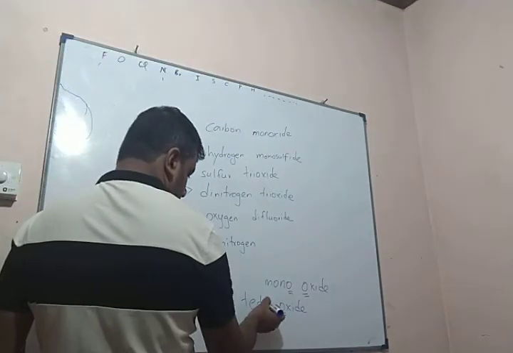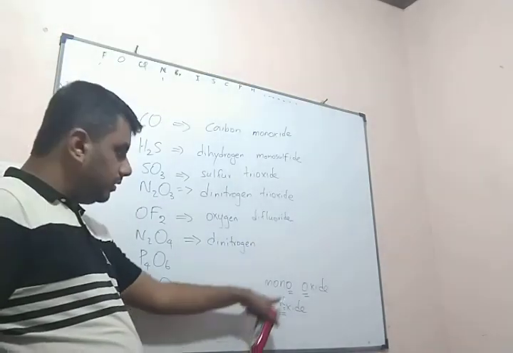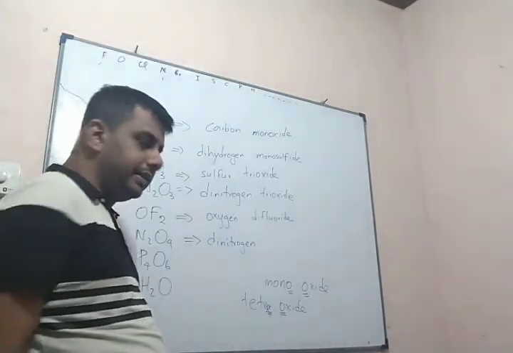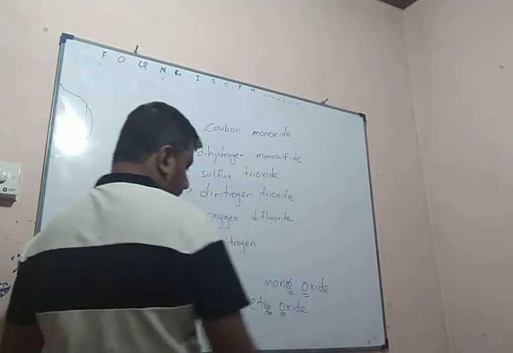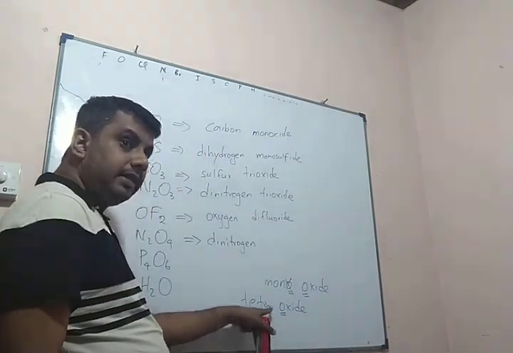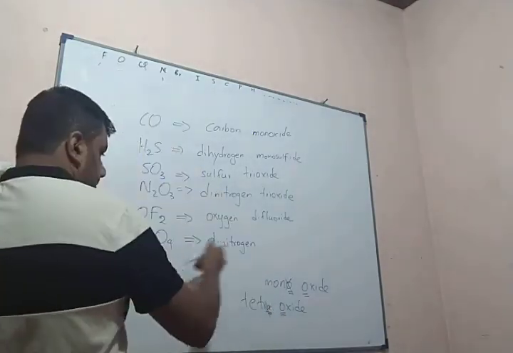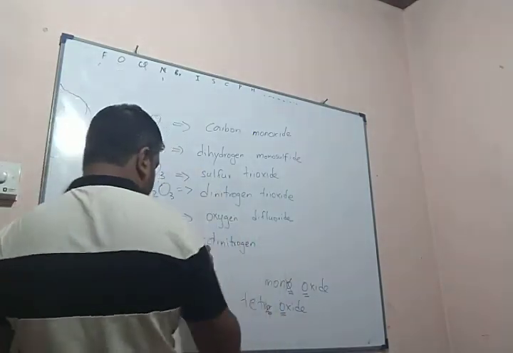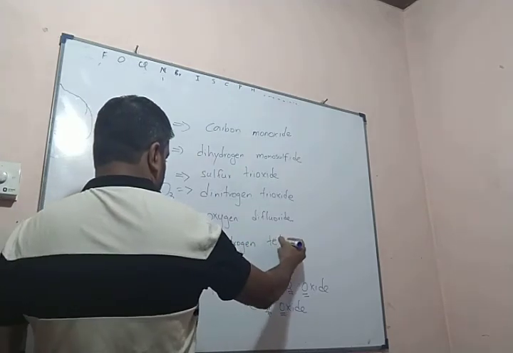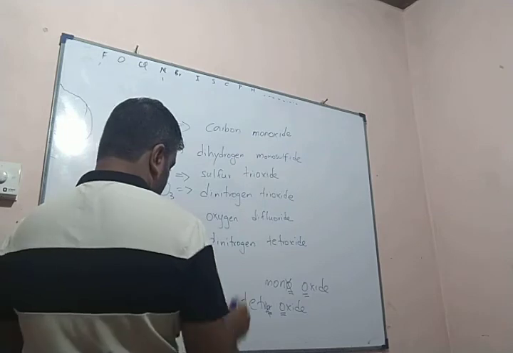Omit this letter. Here also omit the last letter. So what's the name? Monoxide. Tetroxide, not tetraoxide, tetroxide. Right? So what's the name? Dinitrogen tetroxide.